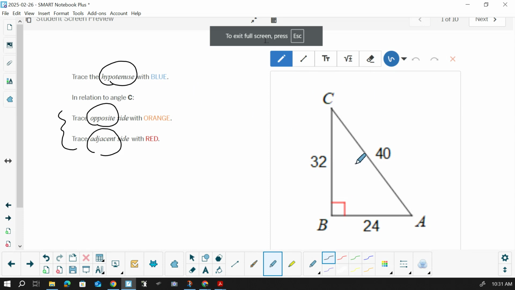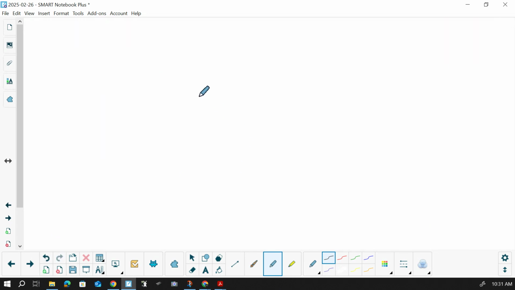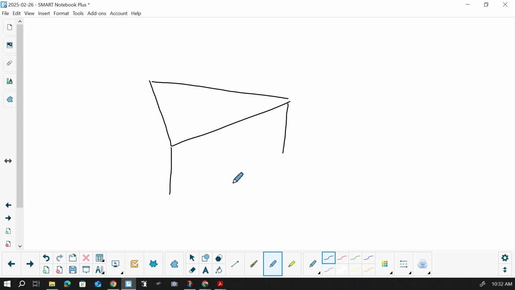So imagine you're in a triangular shaped room, okay? I don't know why anybody would have a triangular shaped room. Here's your right angle.